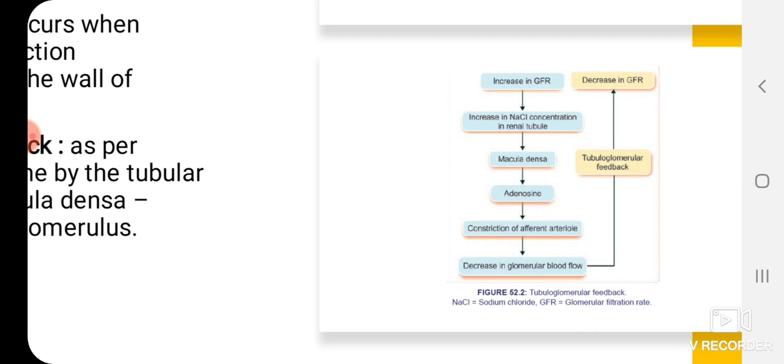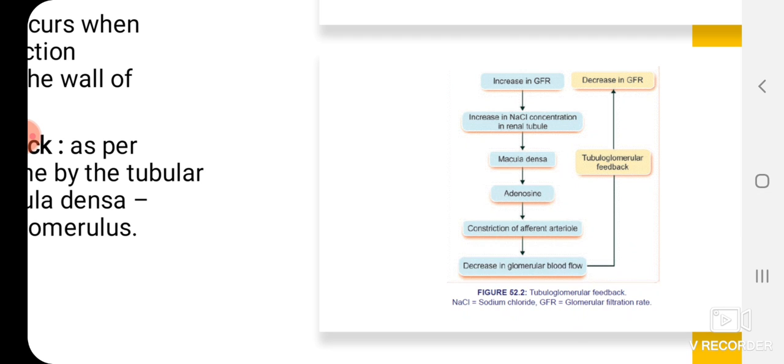So what is the function of nitric oxide? It does vasodilation. So if the release of nitric oxide is inhibited, what happens?